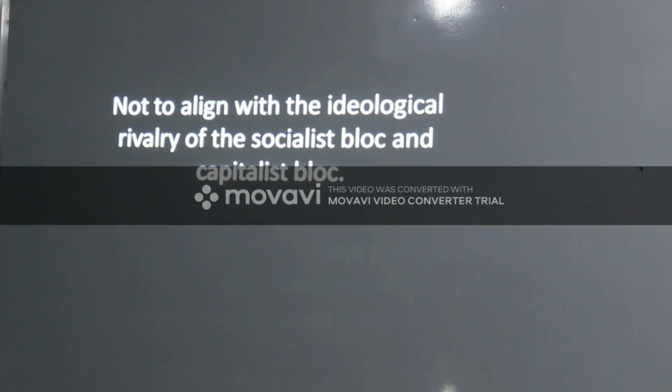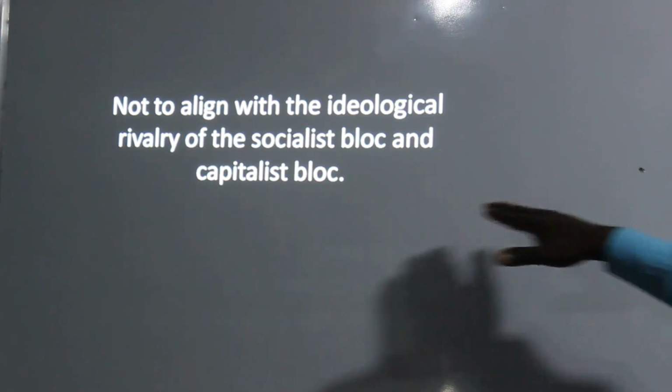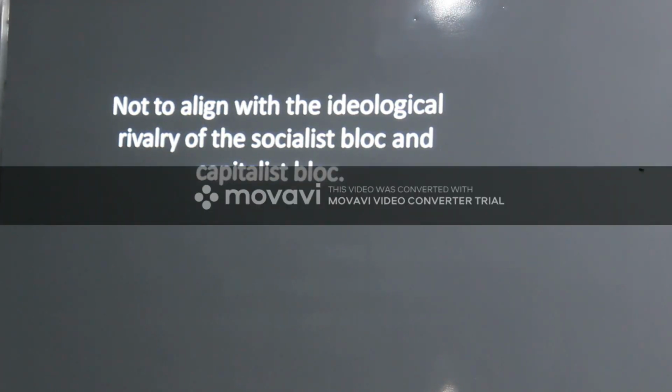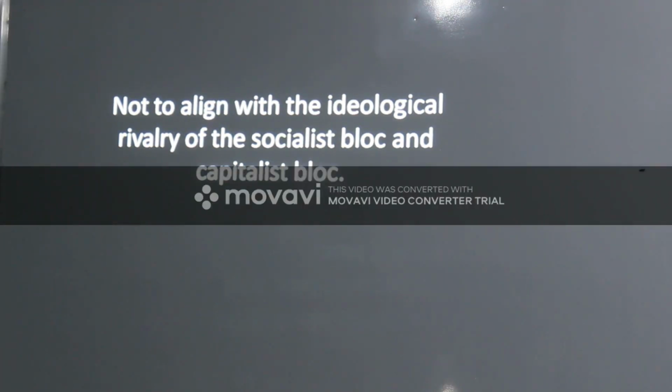Nigeria brought up policy that would help her not to align with the ideological rivalry between these two superpowers. And not only Nigeria, most of the African and Asian countries brought up policies that place them on neutral ground, and that has created a platform for them to maintain international peace.